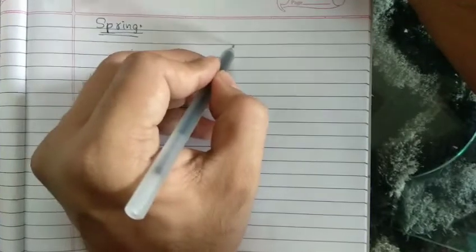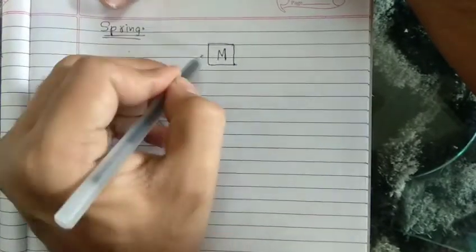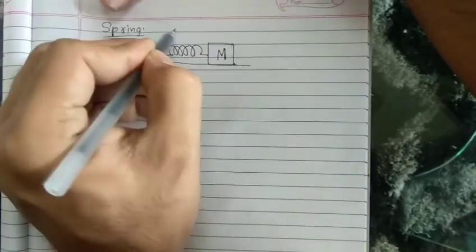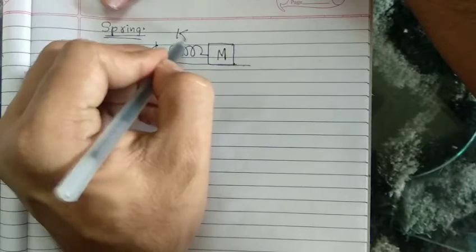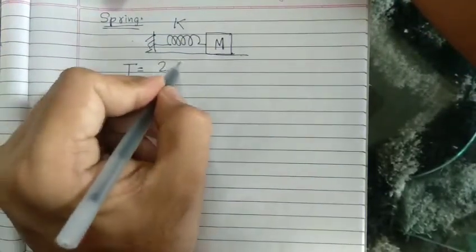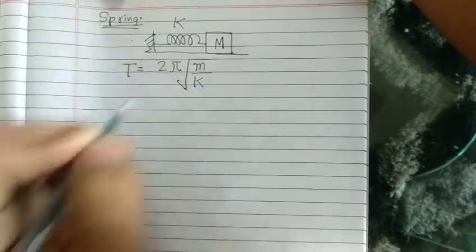So this is called springs in series and parallel combination, right? Now, related to springs, we'll go further. See, first of all, you should know that if this is a spring and block oscillator like this, every spring has a fixed value of K. If anybody asks you, the time period of this oscillation will be 2 pi root of m by K, right?